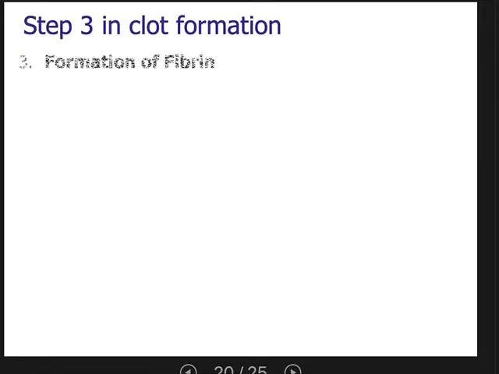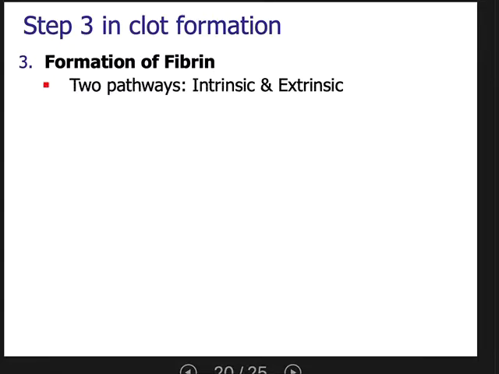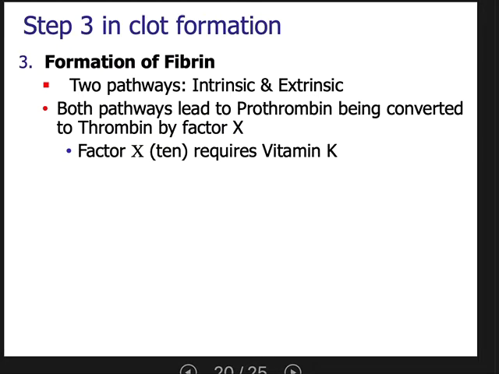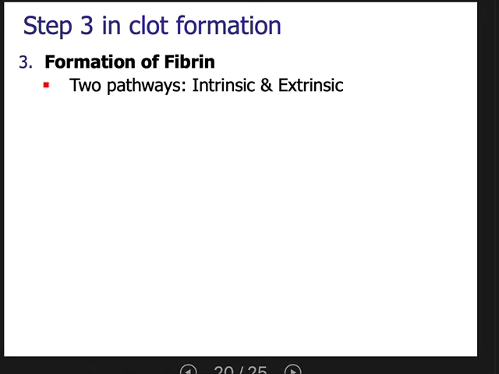Okay, and then step 3 is the formation of fibrin. So we do have an intrinsic and extrinsic pathway. Not going to worry too much about it, but intrinsic means within, so it's a longer pathway, but it only uses what you have readily available in the blood system.